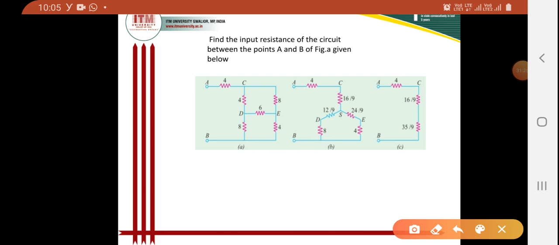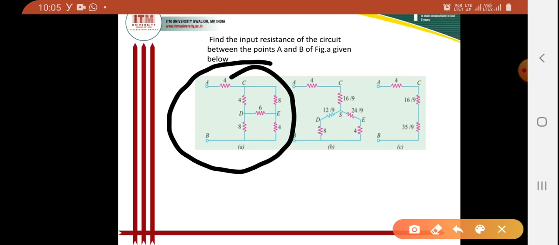See this figure. We have to take this figure and find the resistance between terminals A and B.